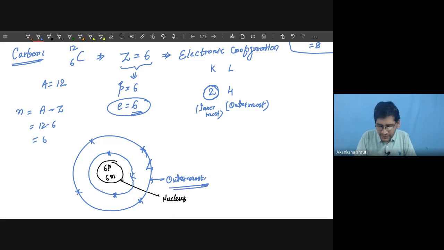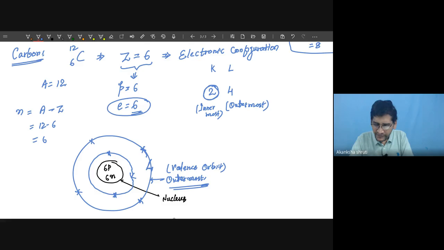The outermost orbit is sometimes itself called the valence orbit or valence shell. The number of electrons present in this outermost orbit is called the valence electrons.